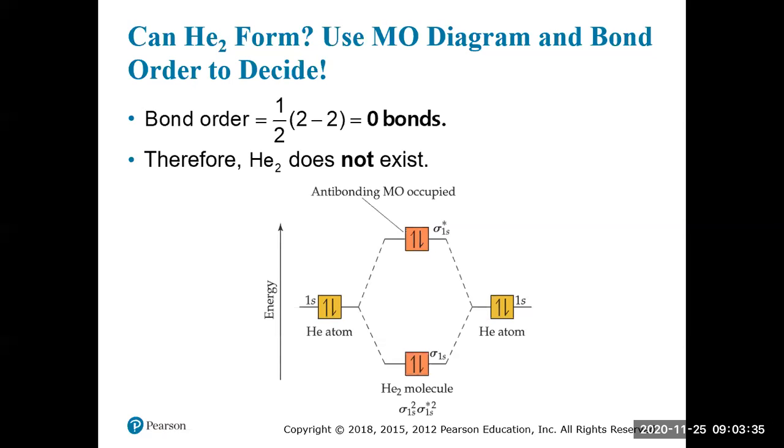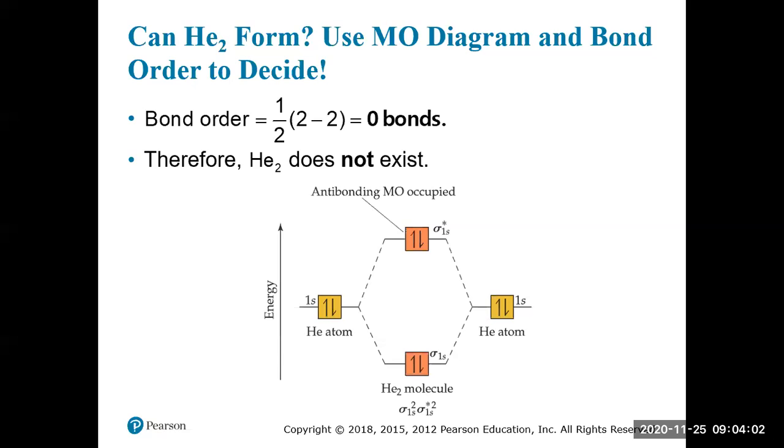We go ahead and fill those with the 4 electrons. So we put 2 electrons in the bonding molecular orbital at the bottom, and 2 electrons in the antibonding. So we've accounted for our 4 electrons from the 2 helium atoms. If we calculate our bond order, we have 2 bonding electrons minus 2 antibonding electrons.